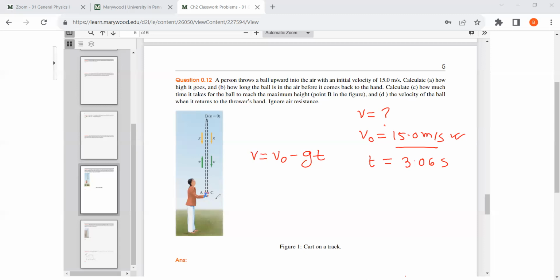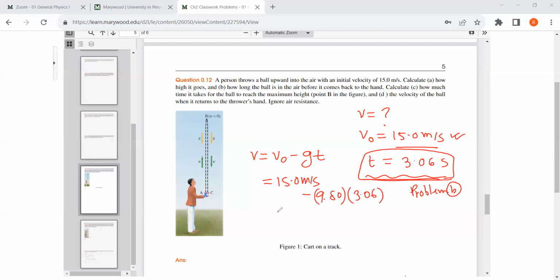And the time it takes is equal to 3.06 second, which we calculated in problem B. So we have to borrow some information from problem B. If we plug this value in, you will see that the velocity is very close to 15 meter per second.